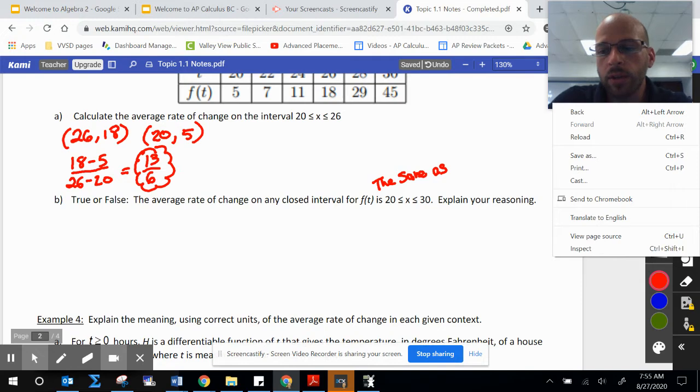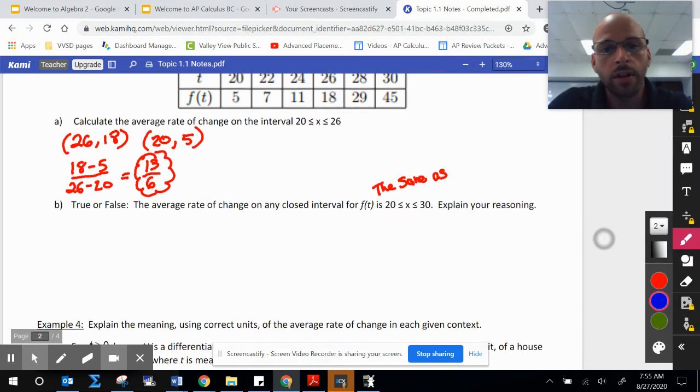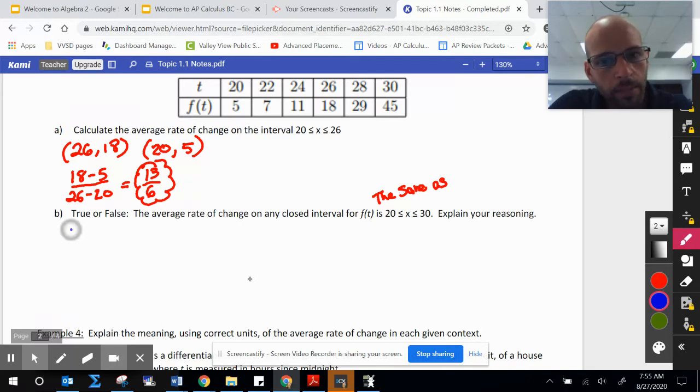So I want to find that average rate of change from 20 to 30. So I'm going to go from 45 minus 5 all over 30 minus 20.